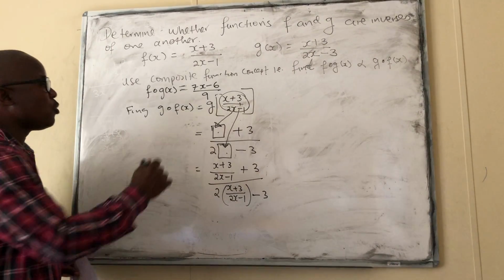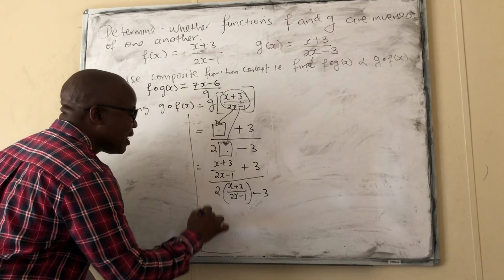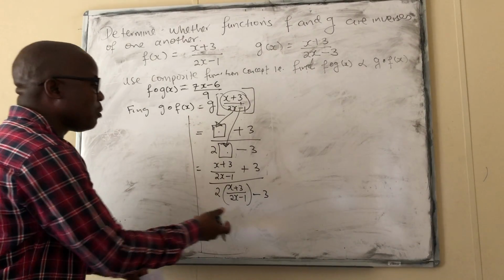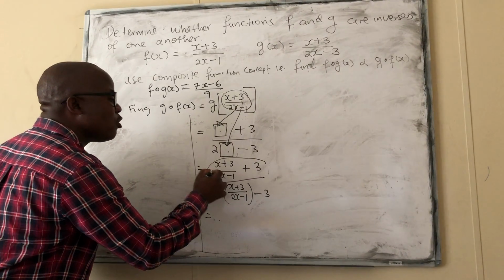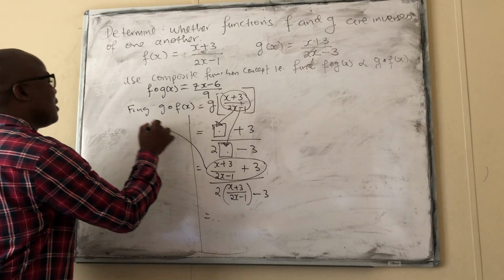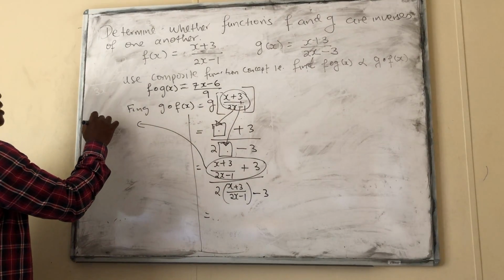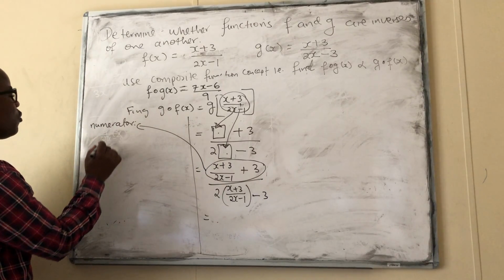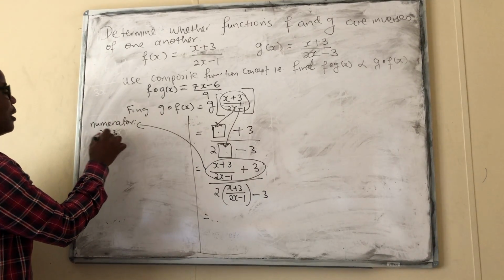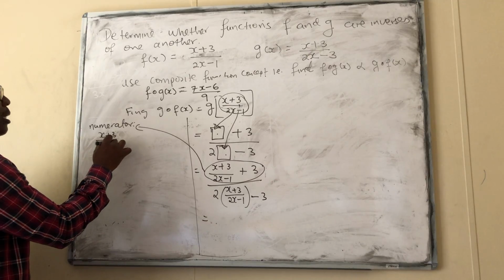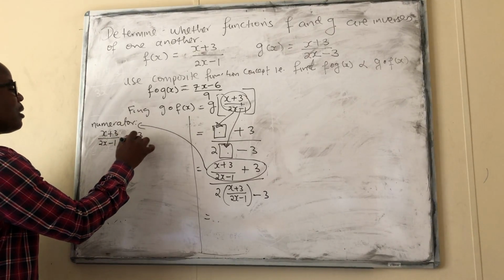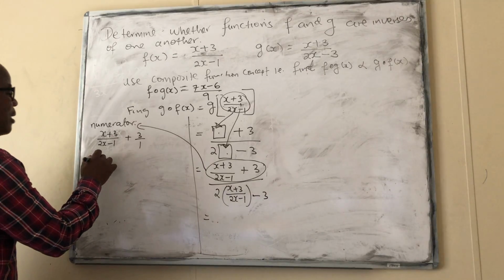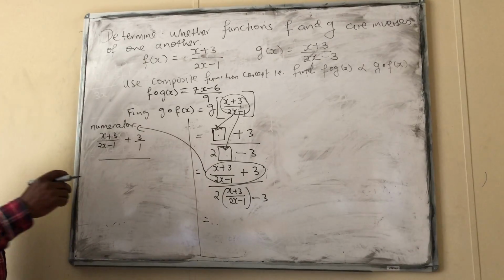Now let's do the simplification, and then we get back to this one and substitute back. Let's take the numerator first. We want to simplify the numerator. That will be (x + 3) over (2x - 1) plus 3 over 1. Then we look for the lowest common denominator.